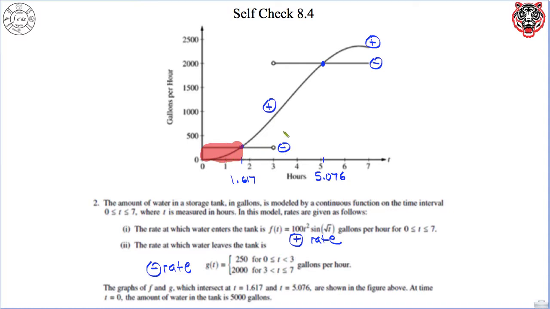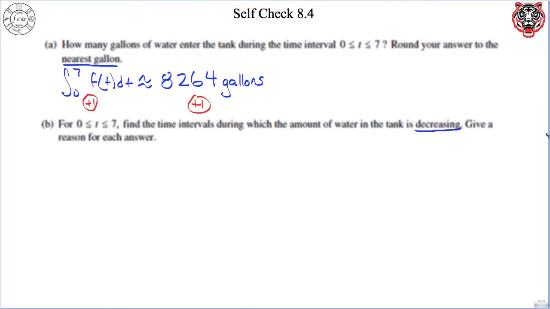And where else is the negative higher? In this interval right here, the negative rate is higher than the positive rate. Both of those will have a total negative rate, and that's just judging by the graph. So make sure we have some sort of explanation when we're doing that as well.